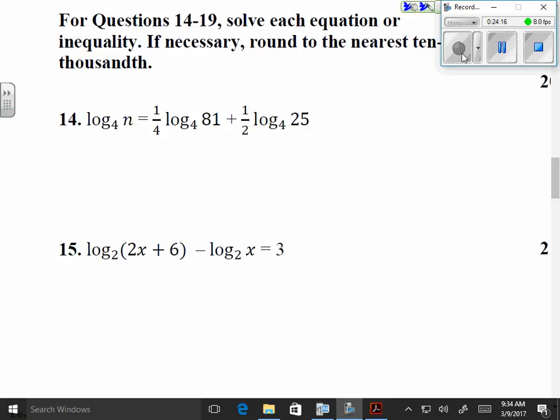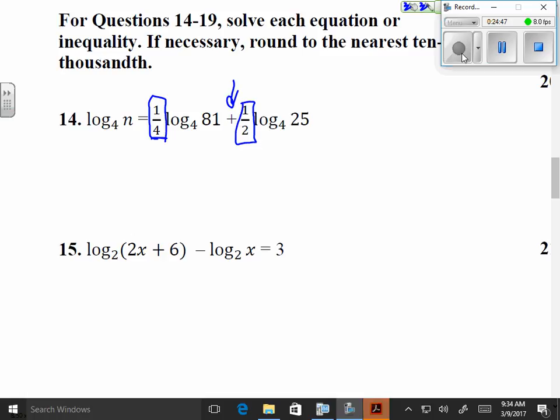14. Any ideas? What would be my first step? And what are some things we have to deal with? We have to deal with those things in front of the log. We also have to deal with this plus sign. Ideally, we would like it to be a log base 4 of something equal to a log base 4 of something else.